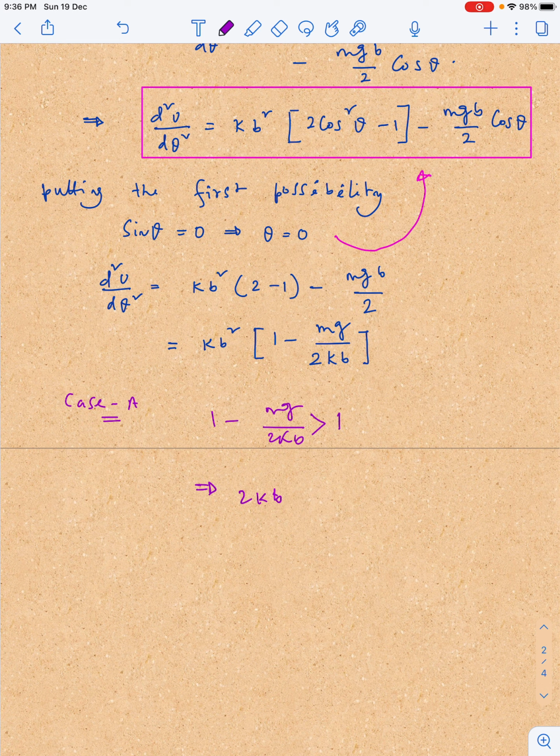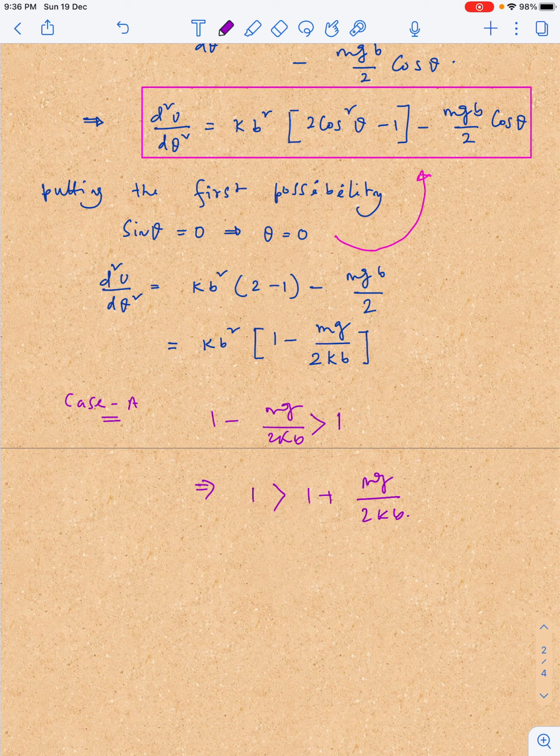I'm sorry, I think I am writing wrong. So here in this case, mg by 2kb, this factor will come on the right hand side. So as rightly I have said, this factor 1 will be greater than mg by 2kb.